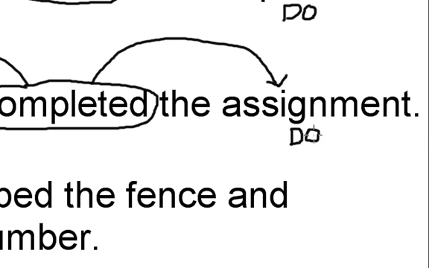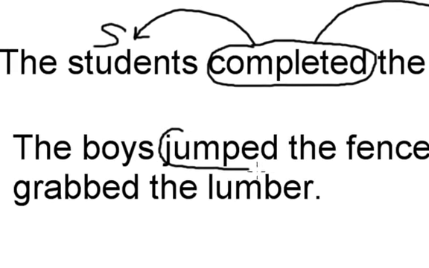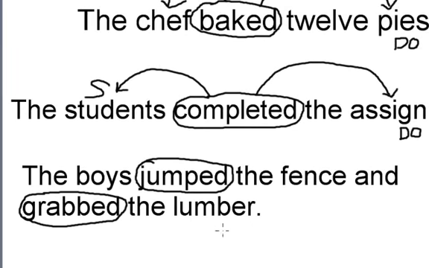The answer to what was completed? The assignment. The next one, it looks like we have two verbs we have to deal with. We have the verb jumped, but this sentence also contains another verb, grabbed. So we're going to have to determine if each verb has a direct object. Let's tackle the first one. What was jumped? The boys jumped what? They jumped the fence. So there's your DO there.